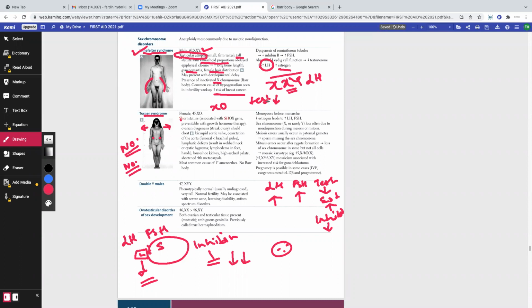And to some extent, can we expect the testosterone level in these females to be higher than normal? Yes or no? To some extent, since FSH and LH are a little bit high and estrogen is a little bit low, we can expect the testosterone level in these females to be a little bit on the higher side.